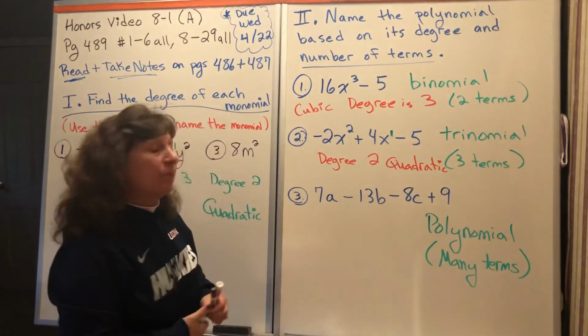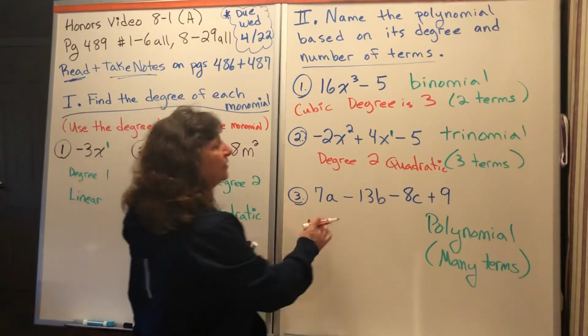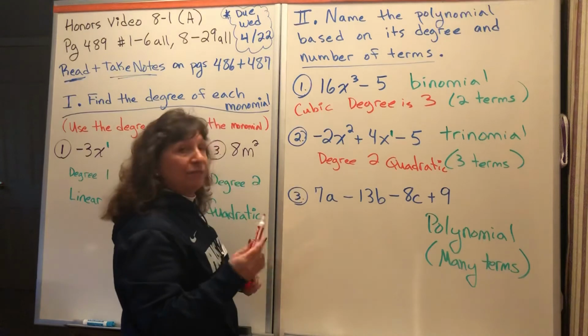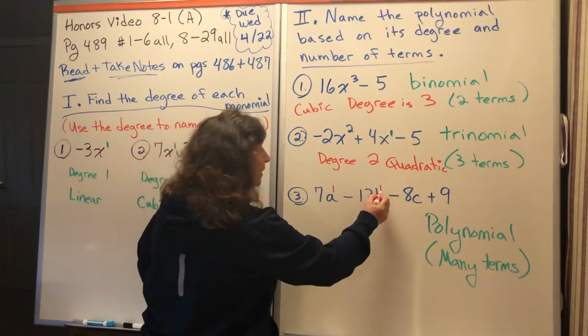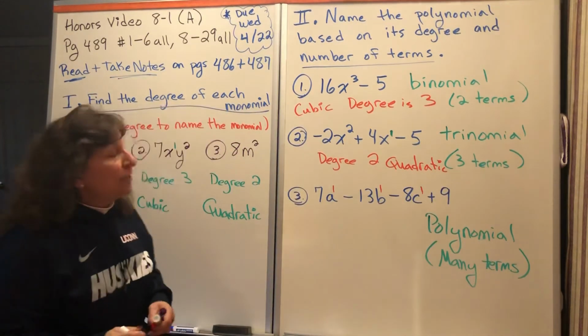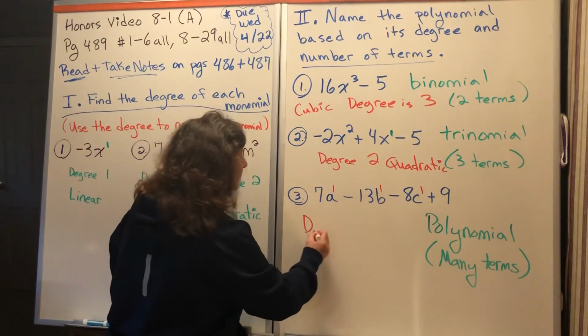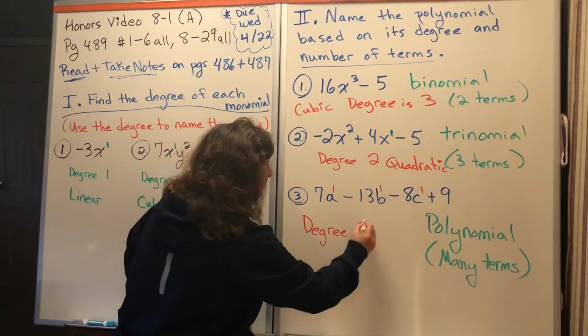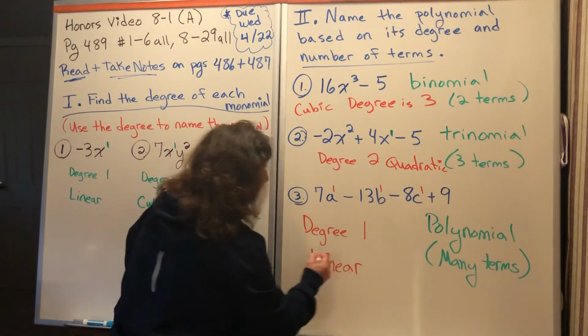And that polynomial, if I want to find the degree of that polynomial, I look at each individual term and find out which one has the highest degree. A degree of 1, a degree of 1, a degree of 1, and a degree of 0. So in this problem here, the degree of the polynomial is 1. And we would call this a linear relationship.